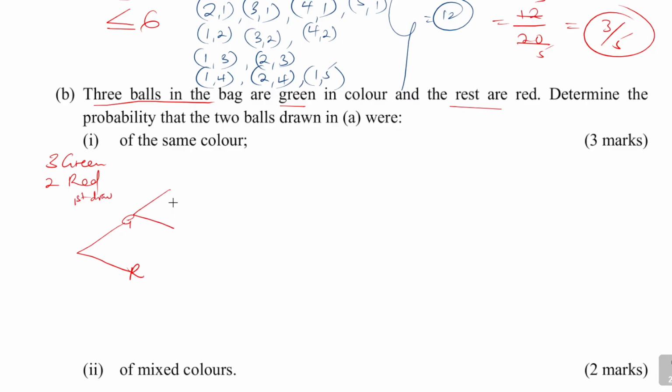Then the second draw, green, red; green, red. So this branch here represents the second draw. When you draw it like this, it represents the two balls that are drawn. This branch represents the first ball, and this one the second ball.